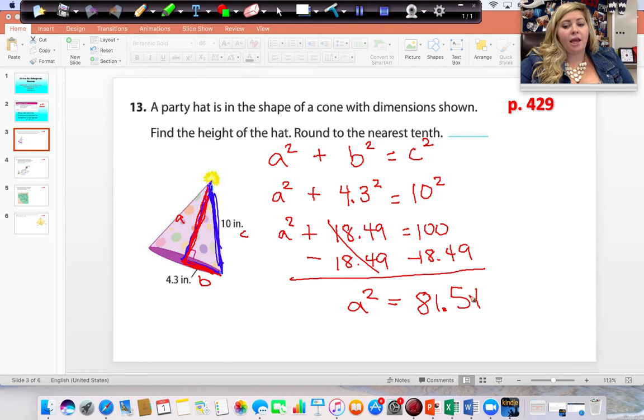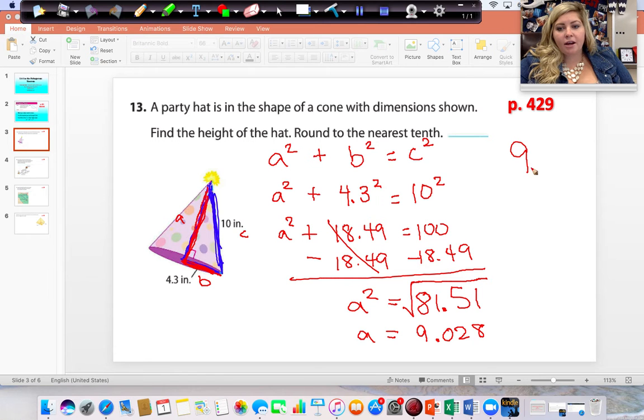And we need to get the square root of that, because A times A gives me 81.51. So to find A, we need to find the square root of 81.51. So you can press that button on your calculator. And this gives us a really long decimal, but we can round it to the nearest whole number. Oh, it says round to the nearest tenth. Sorry, this is what I get for reading directions. All right, so we need to round to the nearest tenths place.